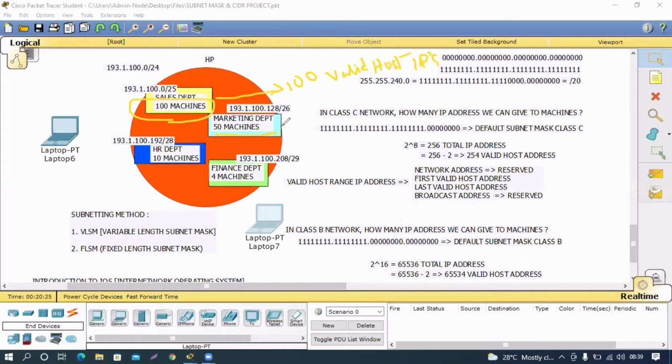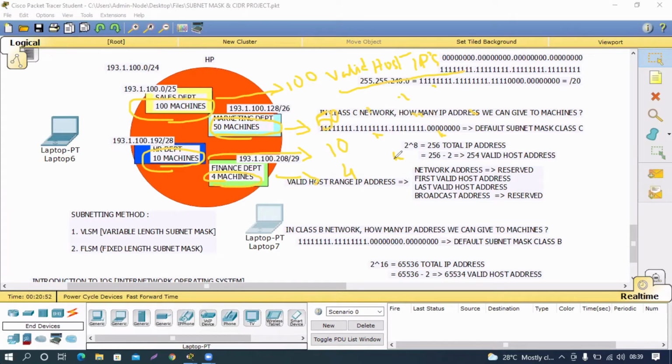Similarly, in the marketing department for 50 systems, how many are required? 50 valid hosts. Similarly, for 10 machines, how many addresses are required? 10 valid hosts. And for the finance department, 4 valid hosts only. Remember, we are talking about valid host IPs, meaning the range from the first valid host to the last valid host.